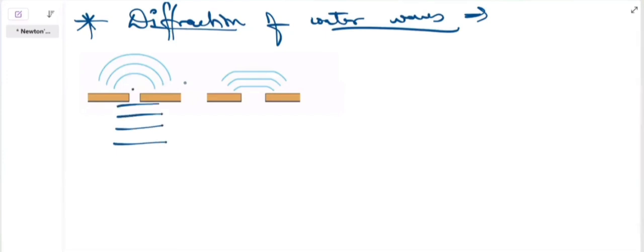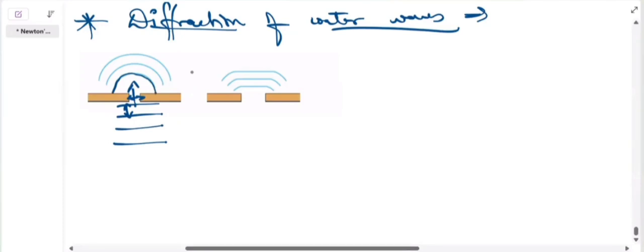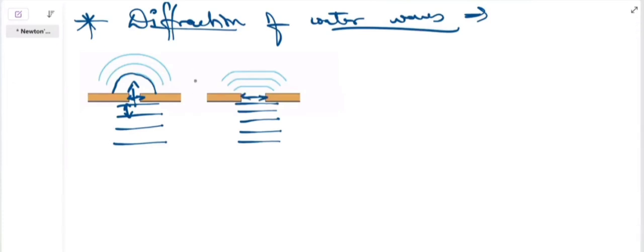After going from here, the wavelength and the slit width are the same. Hence, you will see the maximum diffraction pattern happening. Understood? Yes, ma'am.